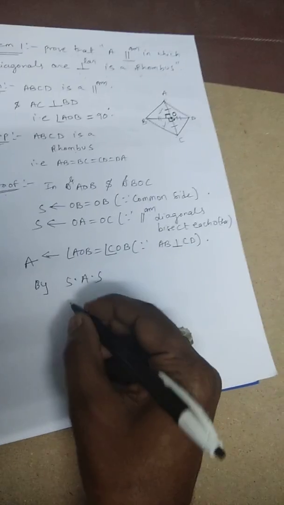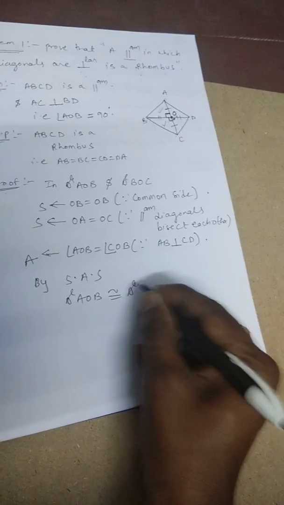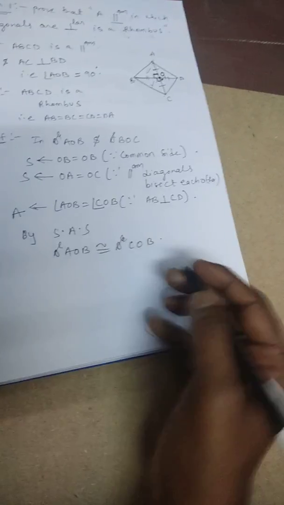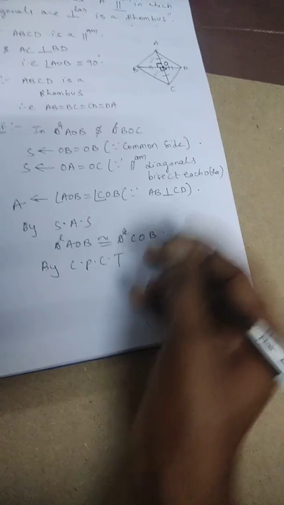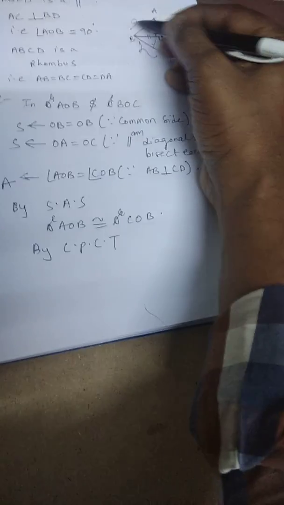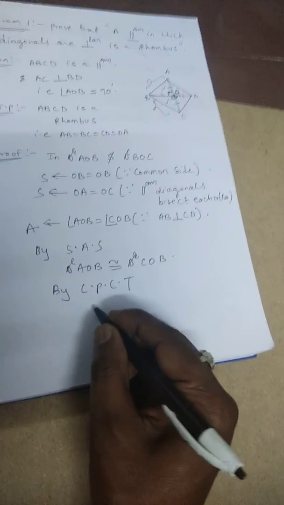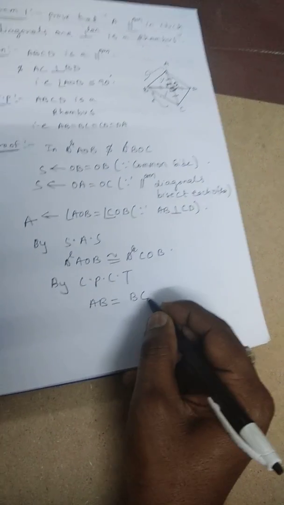Triangle AOB is congruent to triangle COB. Therefore, by CPCT, corresponding parts are equal, so AB is equal to BC.